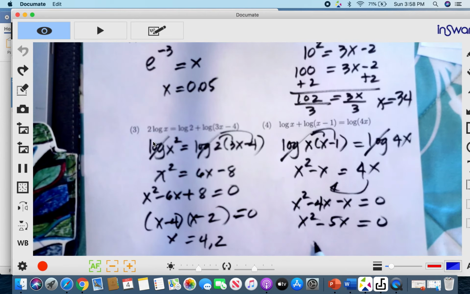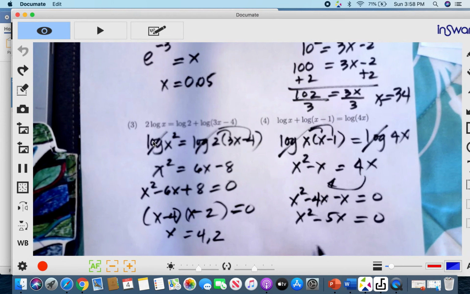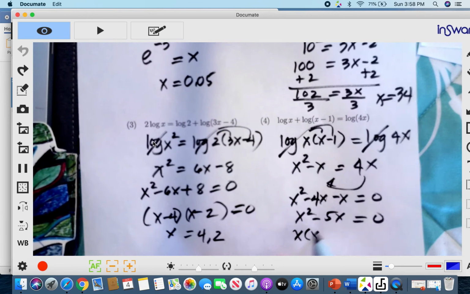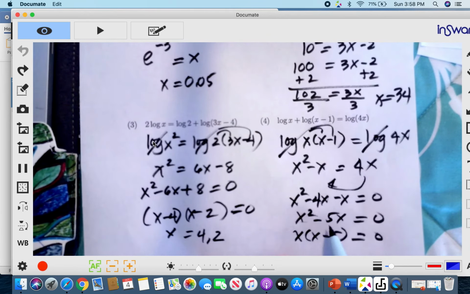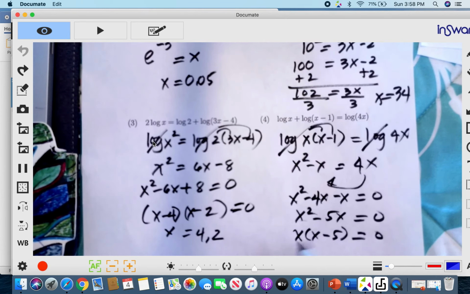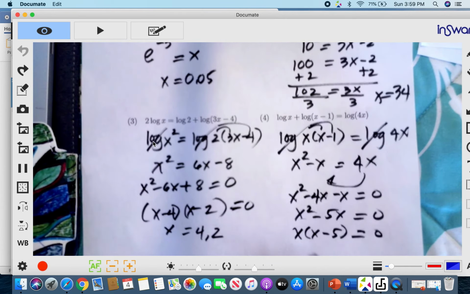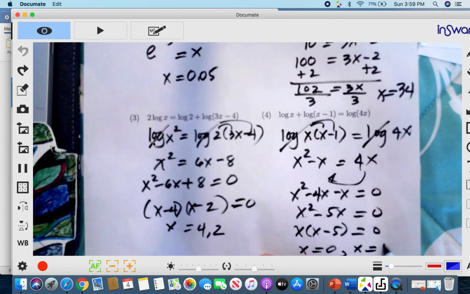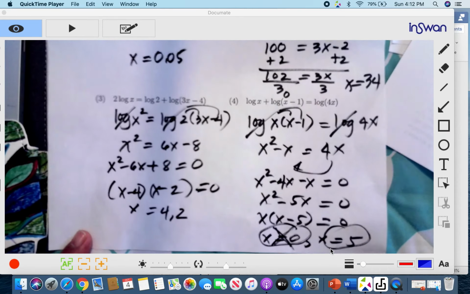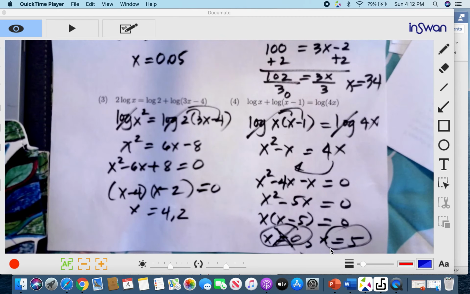So what you can do here is to factor out x, and you get x times x minus 5 equals 0. Both have the common factor x, so you divide each of the expressions by x, and you will have this left. So therefore, our x is 0 and our x is positive 5. I have to cross out 0. Why is this happening? Why is it that x should be crossed out?